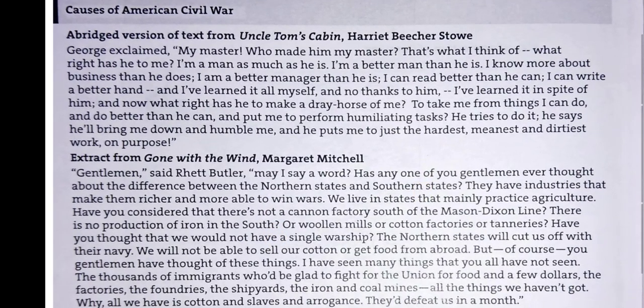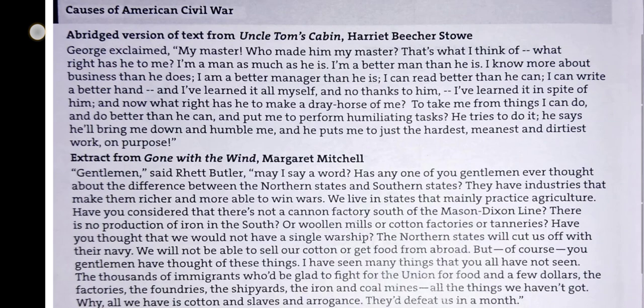One is from Uncle Tom's Cabin, written by Harriet Beecher Stowe. In this story, George exclaimed, "My master! Who made him my master? That's what I think of. What right has he to me? I am a man as much as he is. I am a better man than he is. I know more about business than he does. I am a better manager than he is. I can read better than he can.